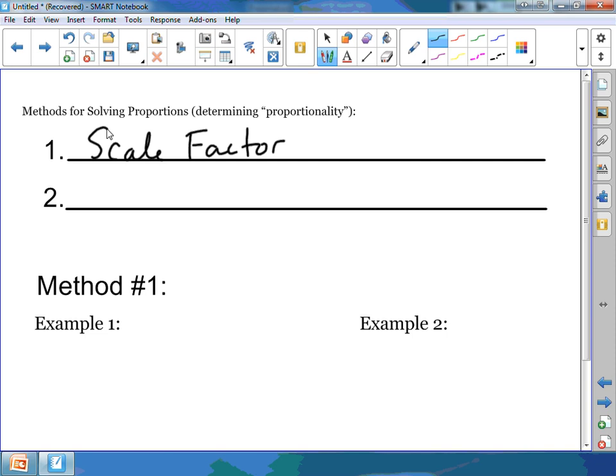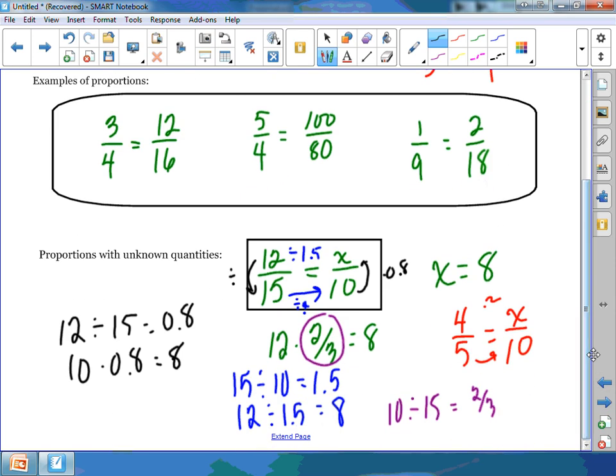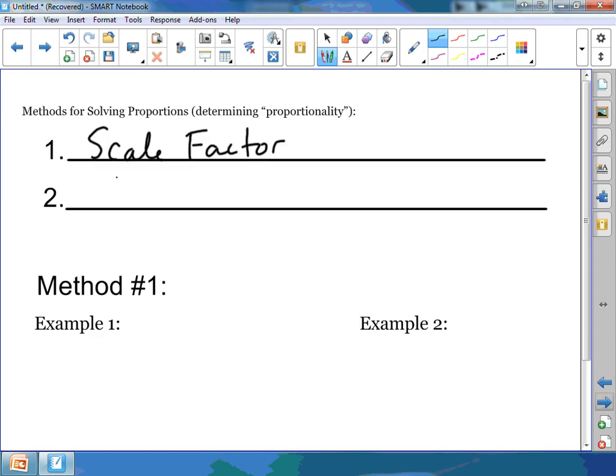In fact, going backwards, for those of you that did Brady's way, the first way, that's considered scale factor, because he figured out how many times one number went into the other, and then he multiplied or divided the other numbers by that. The other method was the cross product method, and none of us used it, but I bet many will pick up on that and use it more consistently here.